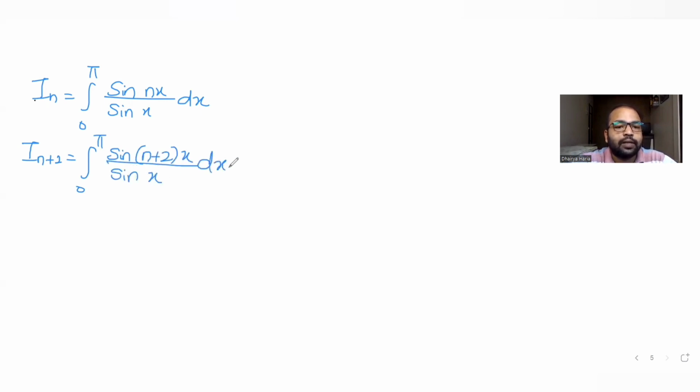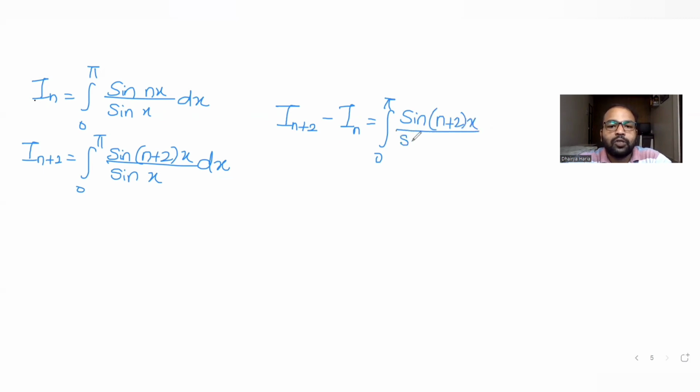When I want to prove these are equal, that basically means if I take the difference between the two of them, that should turn out to be 0. So let's find the difference. It is the integral from 0 to pi of sin (n+2)x upon sin x dx minus the integral from 0 to pi of sin nx upon sin x.